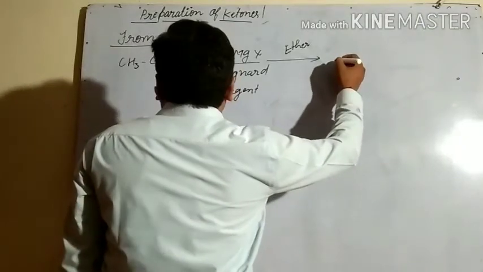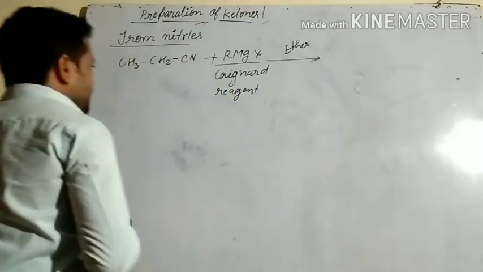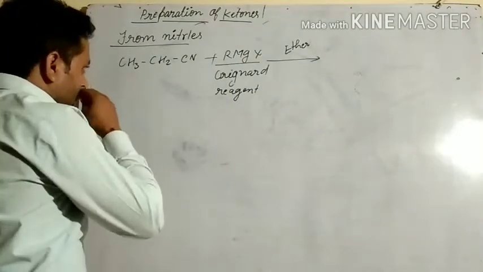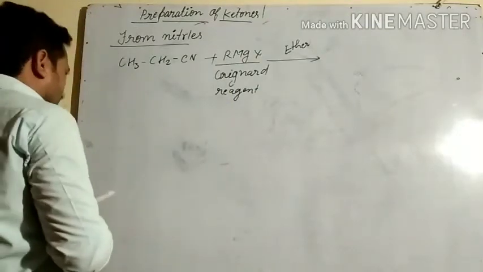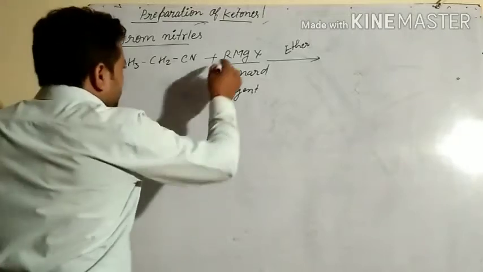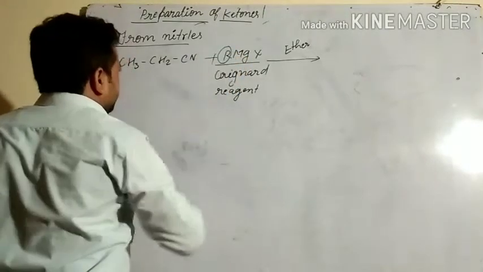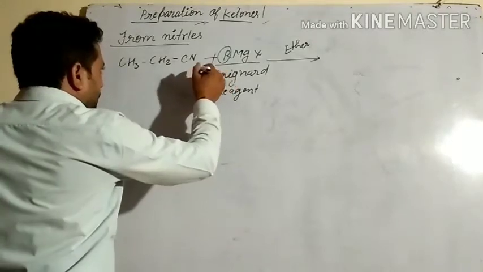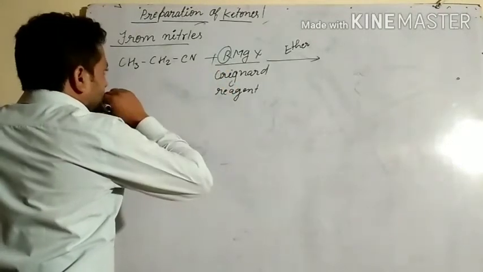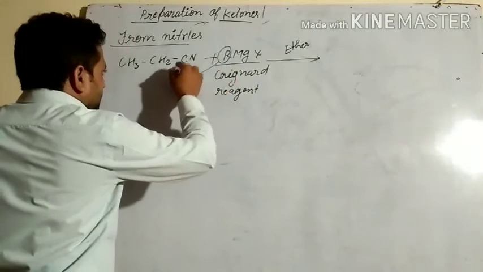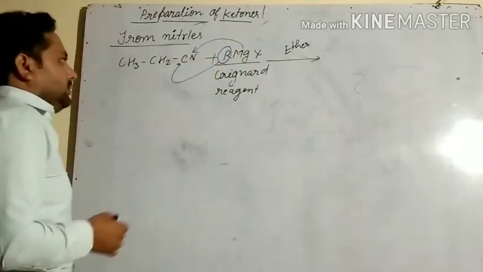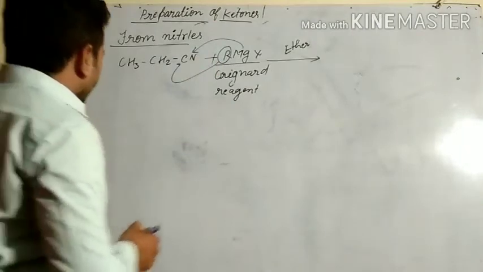it forms an adduct. How does it form the adduct? Let us see. Here, this group goes to carbon and that to nitrogen. Okay.